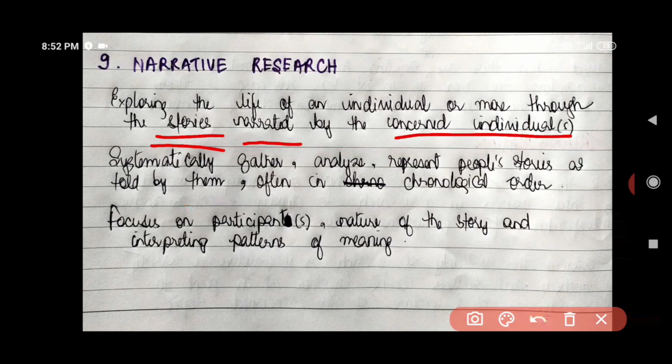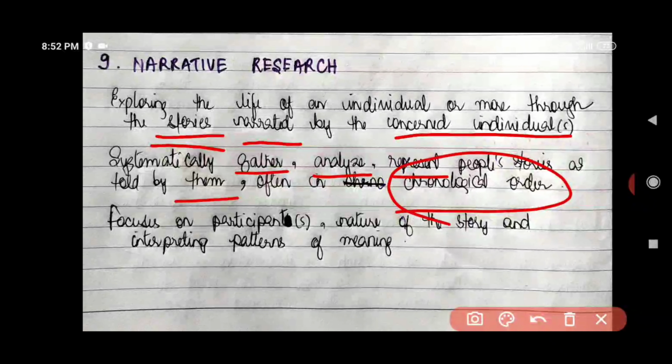Narrative research systematically gathers, analyzes, represents people's stories as told by them, often in a chronological order. Chronological order means the correct order of a timeline. Okay? It focuses on the participant or participants, the nature of the story, and interprets patterns of meaning.